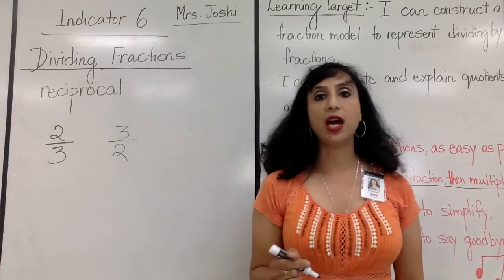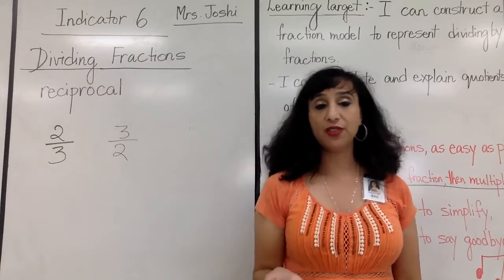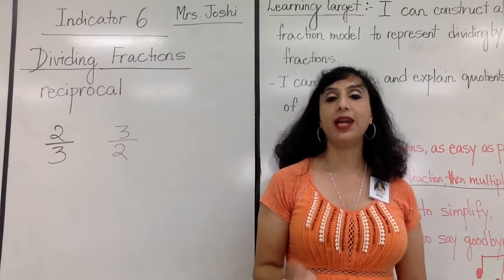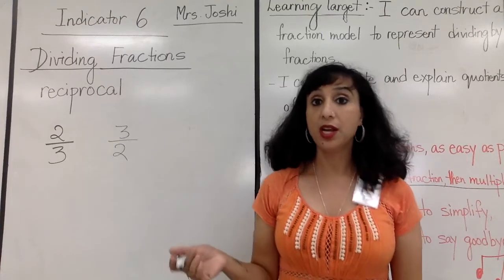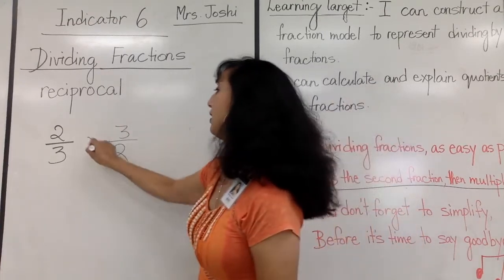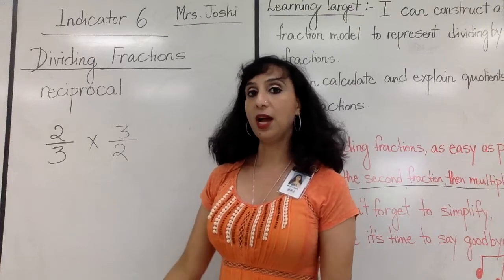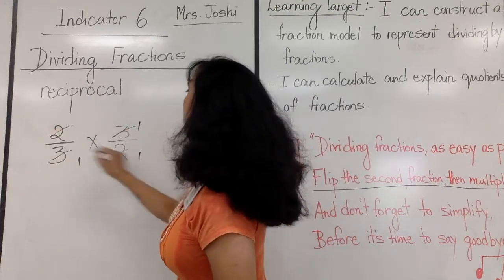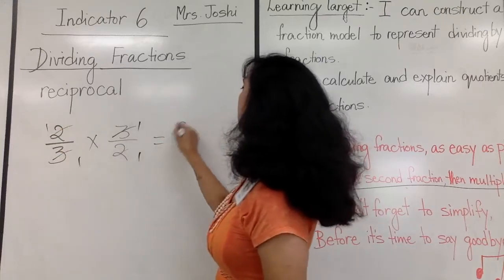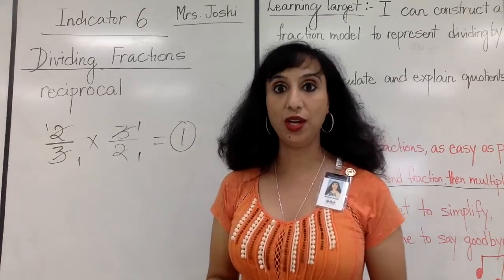And we had talked about the actual definition of reciprocal. When I take a number and I multiply it with its reciprocal, the product will be 1. So if I had done this, look, I'm going to simplify. 3 with 3, I get 1. 2 by 2, I get 1. And my product becomes 1.